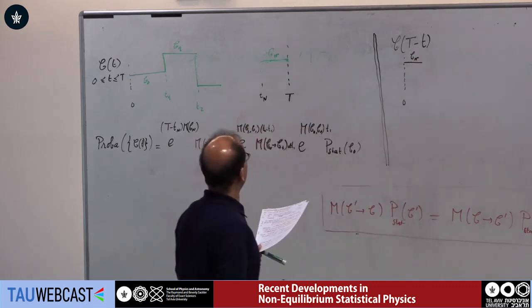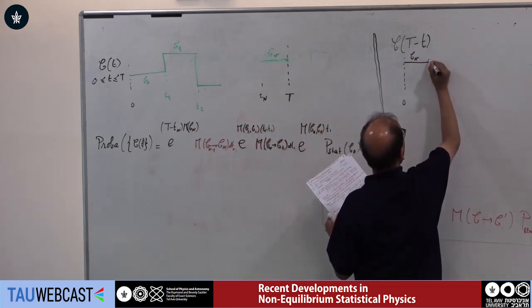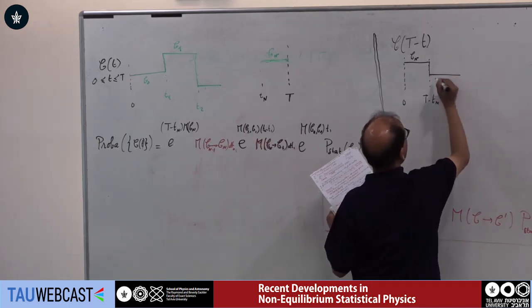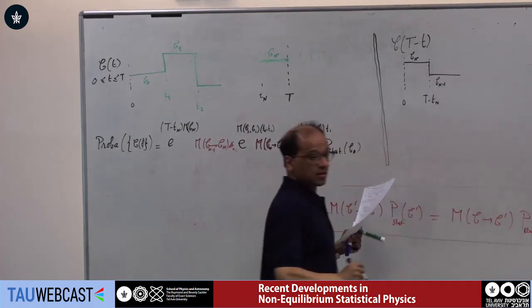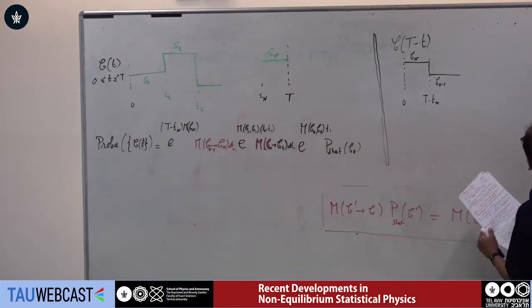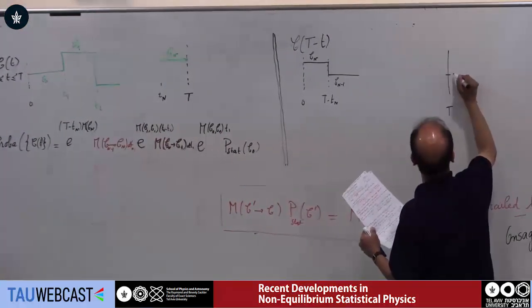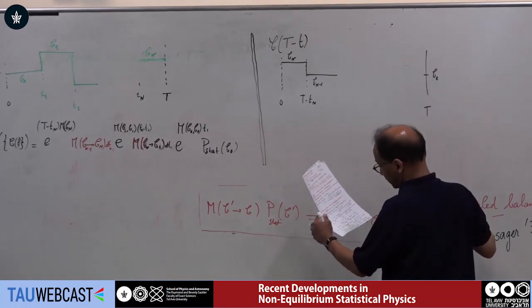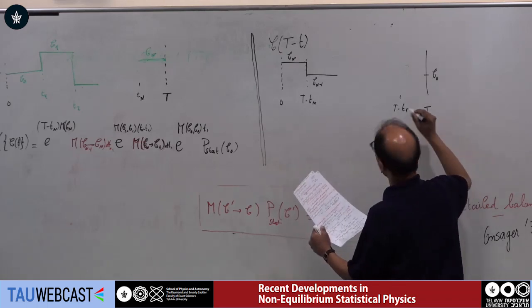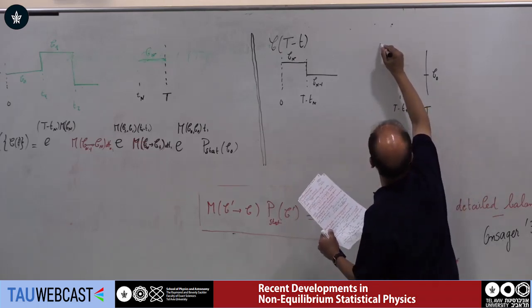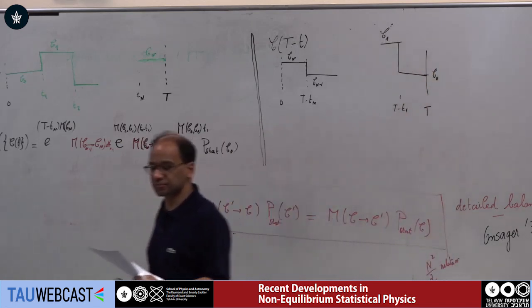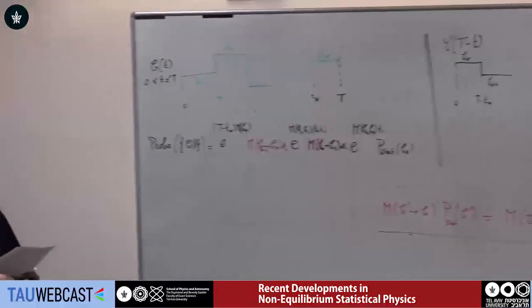At time t minus Tn, I jump to Cn minus 1. I'm just tracing the function c of capital T minus t. I will end up at time t at C0. And the last jump will be at t minus T1 from C1 to C0. C1 was higher. So I'm sketching the time reverse trajectory.